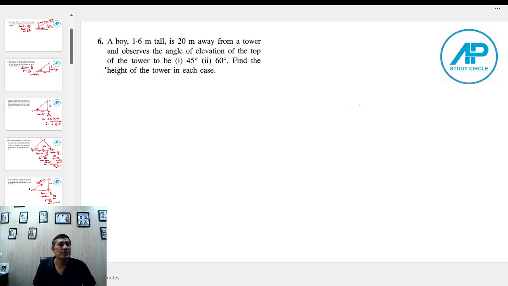A boy 1.6 meter tall is 20 meter away from a tower and observes the angle of elevation of the top of the tower to be 45.